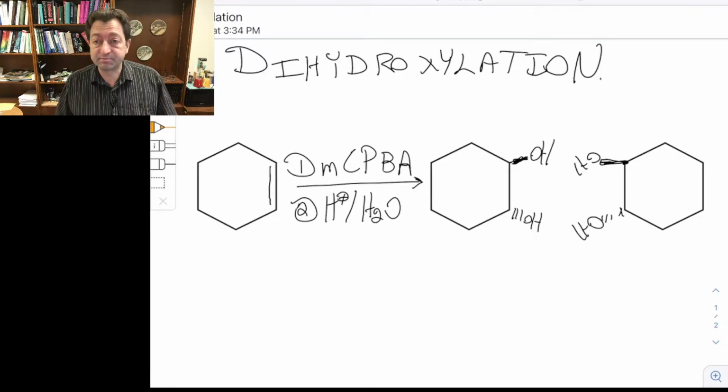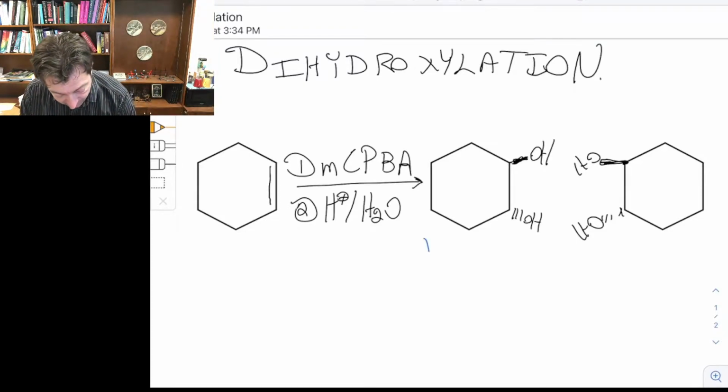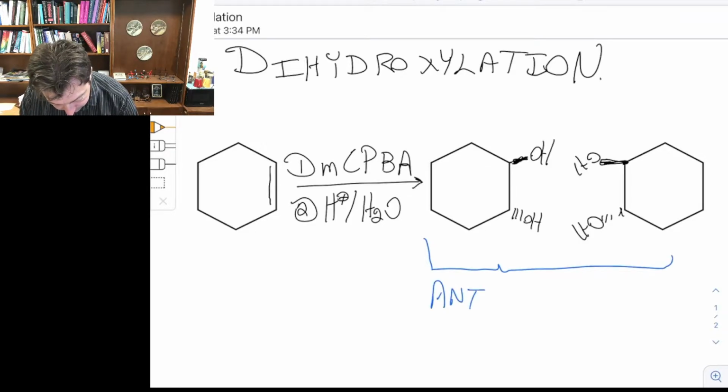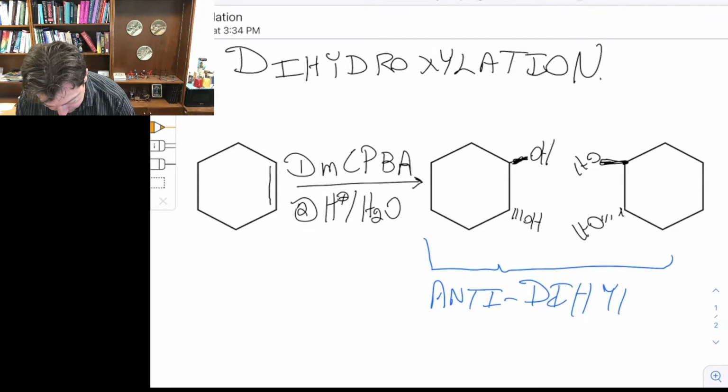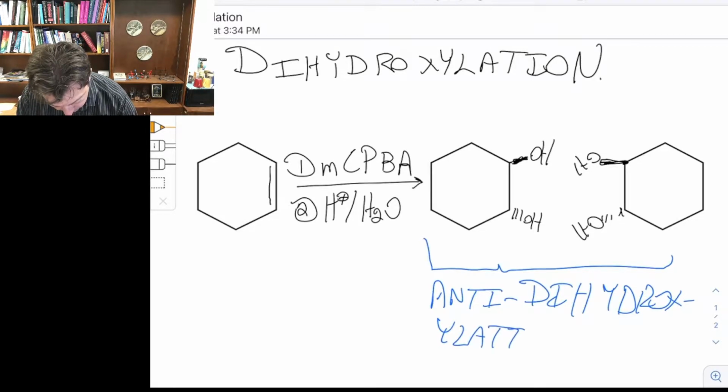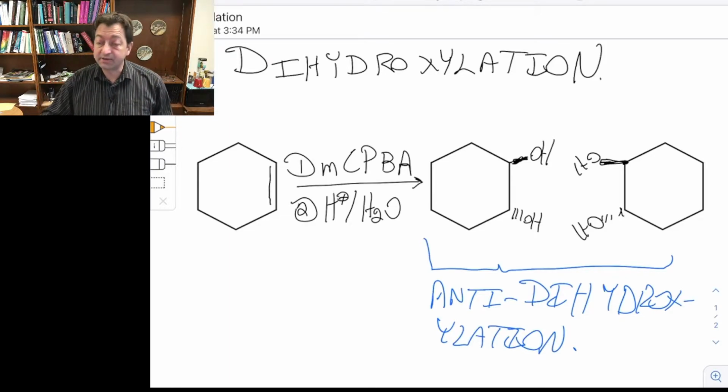And so the result of this particular reaction is anti dihydroxylation. That is, the two OH groups are on opposite faces of that ring with respect to each other. They're trans in the end, so they come in on opposite faces of that ring.